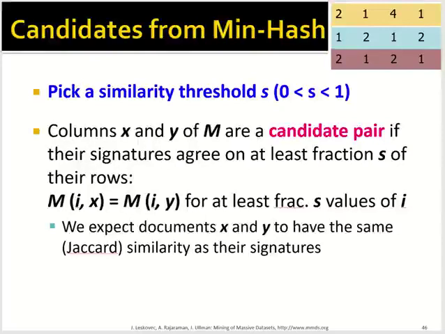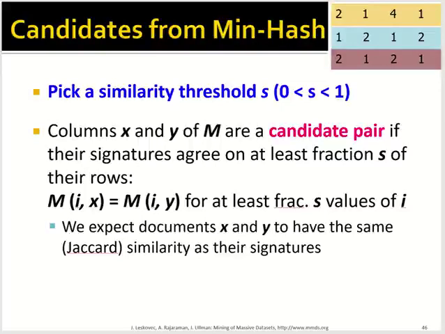We will check only the candidate pairs for similarity. We hope that most of the dissimilar pairs will never be hashed to the same bucket, and therefore will never be checked, so as to reduce the computation cost. Those dissimilar pairs that do hash to the same bucket are called false positives.